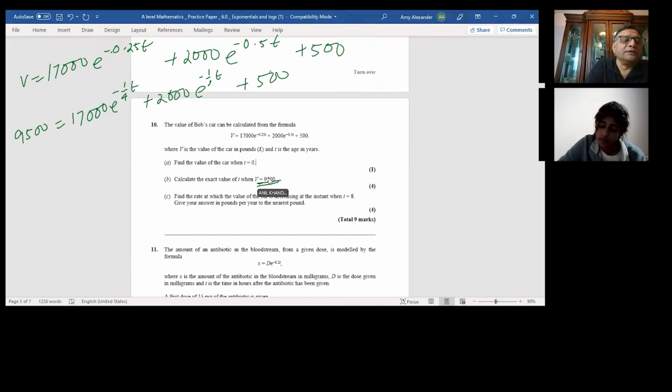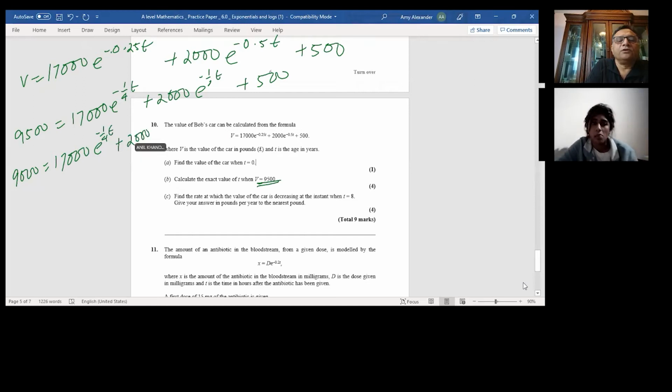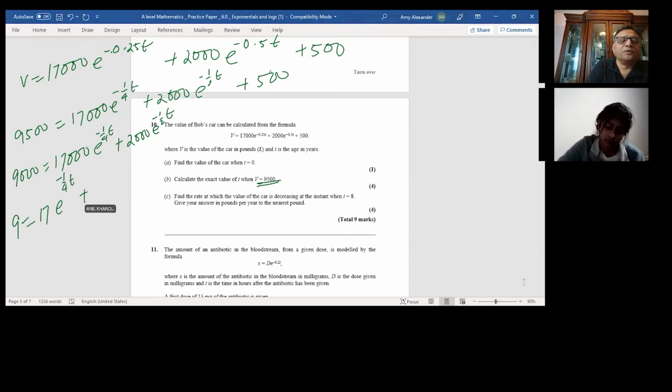Now bringing this here, we get 9,000 equals 17,000 e to the power of minus 1 over 4 t, that is the quarter, plus 2,000 e to the power of minus half t. Now dividing by 1,000, we get 9 equals 17 e to the power of minus quarter t plus 2 e to the power of minus half t.